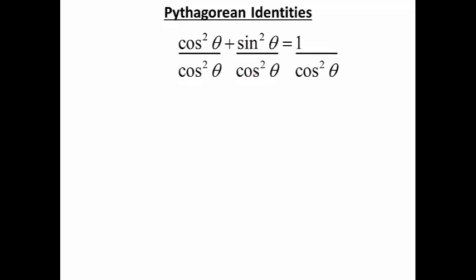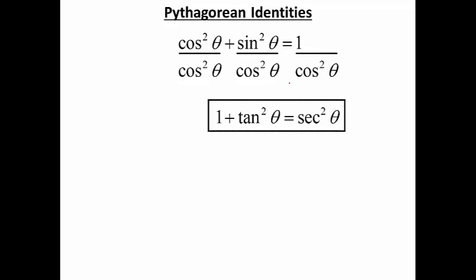Sine squared divided by cosine squared, well, there's our tangent identity. Sine over cosine is tangent. Therefore, sine squared over cosine squared would have to be tangent squared. 1 over cosine squared, well, 1 over cosine is secant, so 1 over cosine squared would be secant squared. So there's our second Pythagorean identity: 1 plus tangent squared equals secant squared.